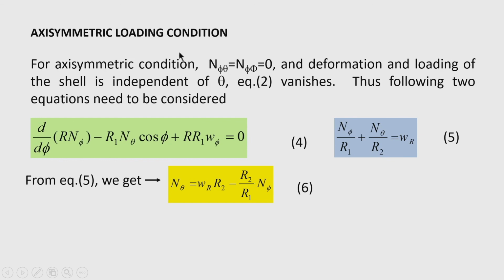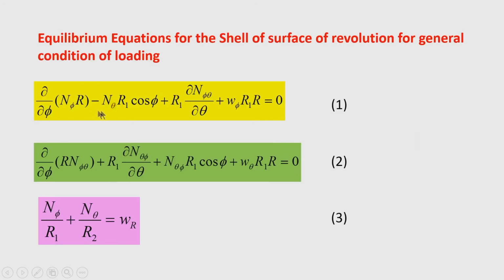So, for axisymmetrical condition n phi theta equal to n theta phi is 0. Therefore, this term will be 0 because n phi theta is 0, and therefore the first equation will be del by del phi into n phi r minus n theta r 1 cos phi plus W phi r 1 r.